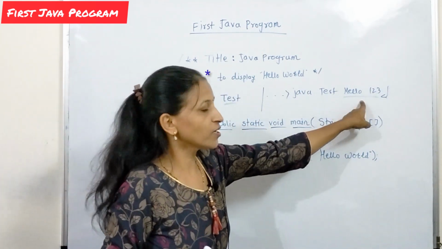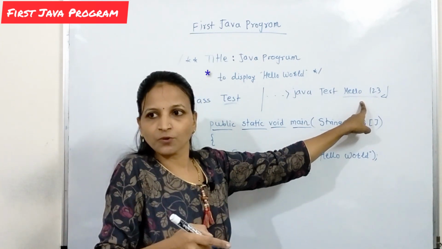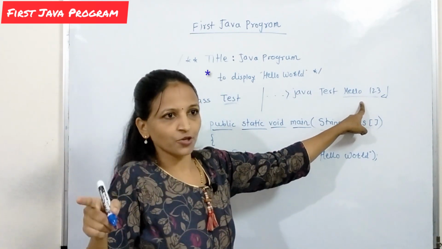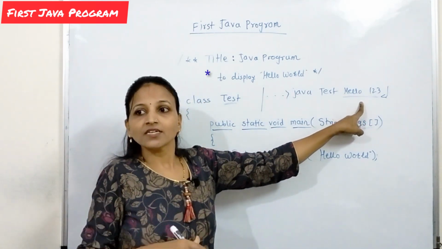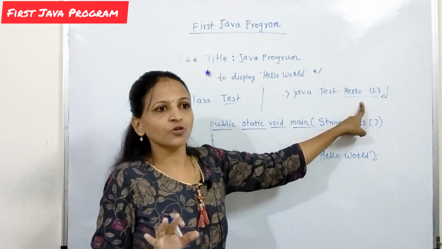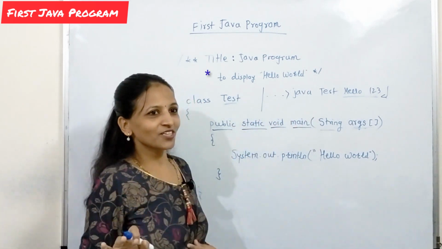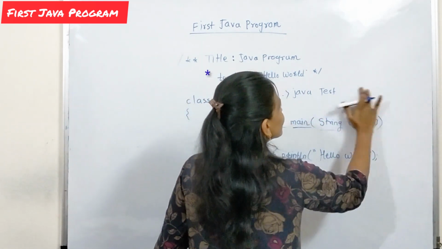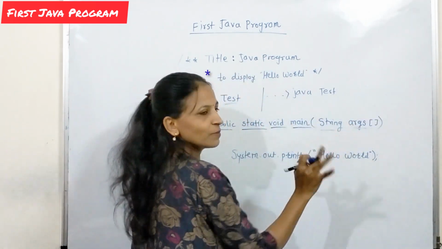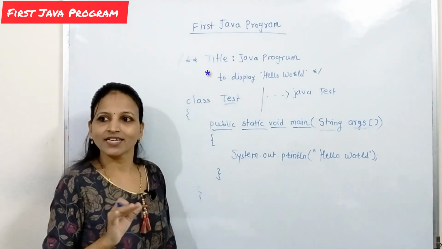That means while executing that program, you can give command line arguments, that is the input to the program in case of Java. Any doubts? If there is no need to give any command line argument, then this will be blank. Nothing will be there inside that args.